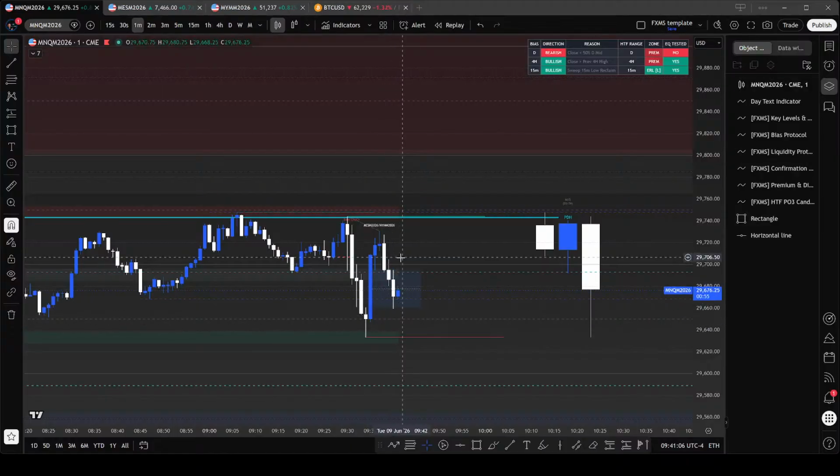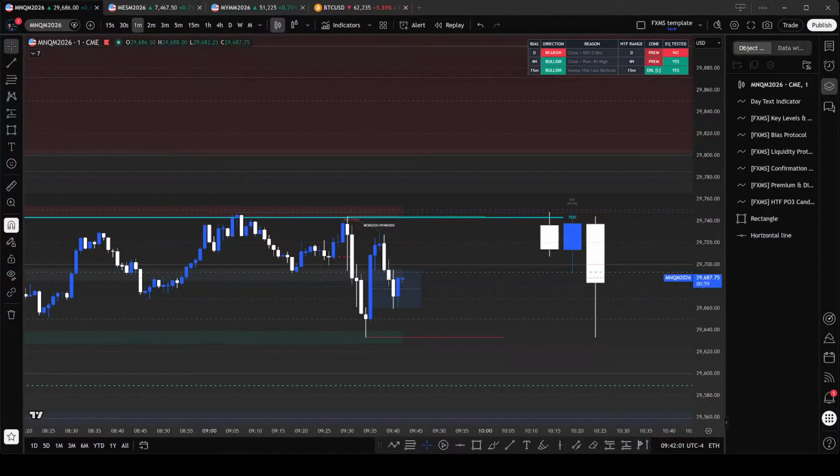And let's see if we get a closure through or back above. All right, we did close back above and slowly working our way back up here.